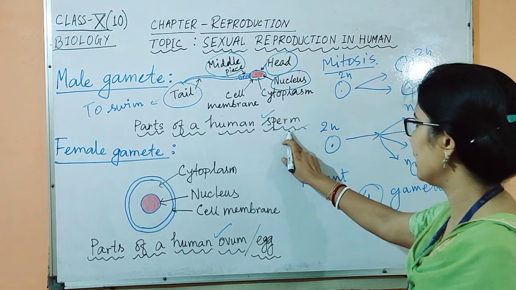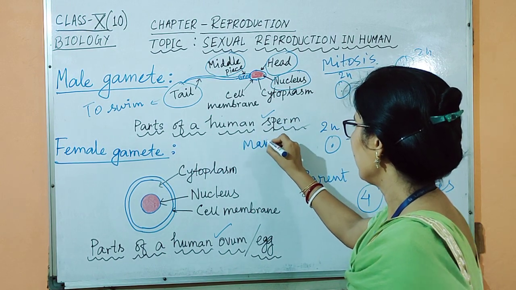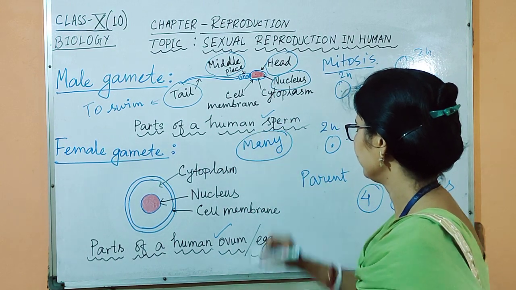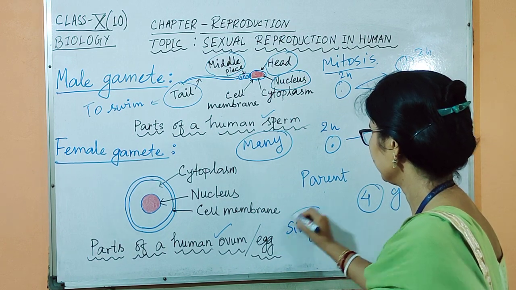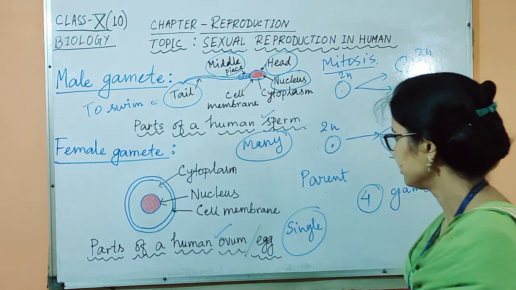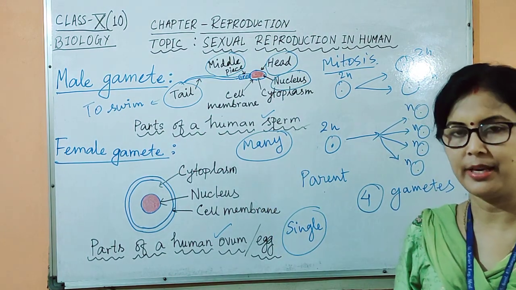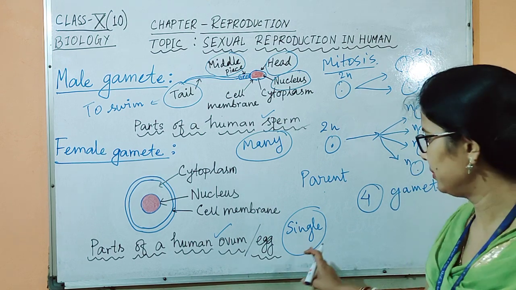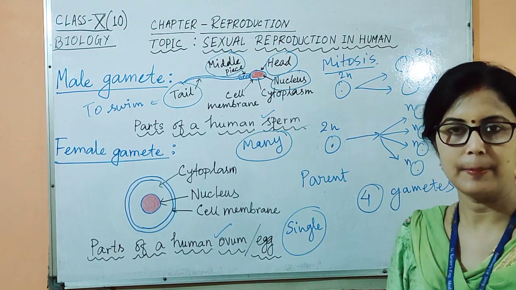Sperms produced are many in number, whereas the ovum or egg is produced singly every month.